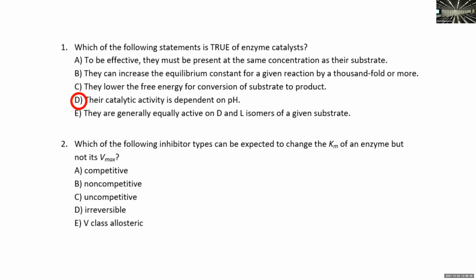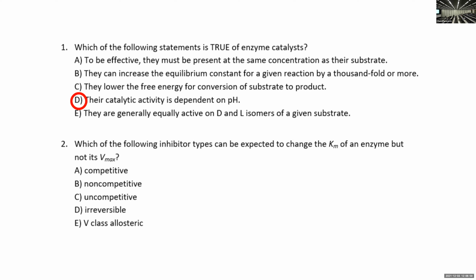It's D, and hopefully this is pretty obvious to you guys. Enzymes, of course, at the beginning we talked about pH, that the enzymatic reaction can go up to the physiological range of pH, which is around 7, and then diminishes after that.